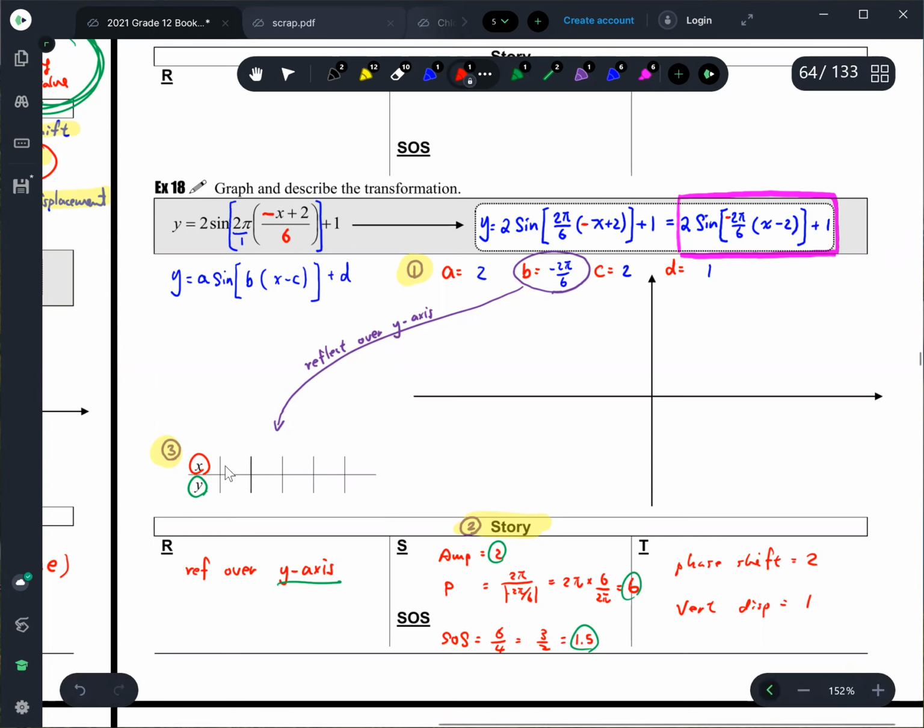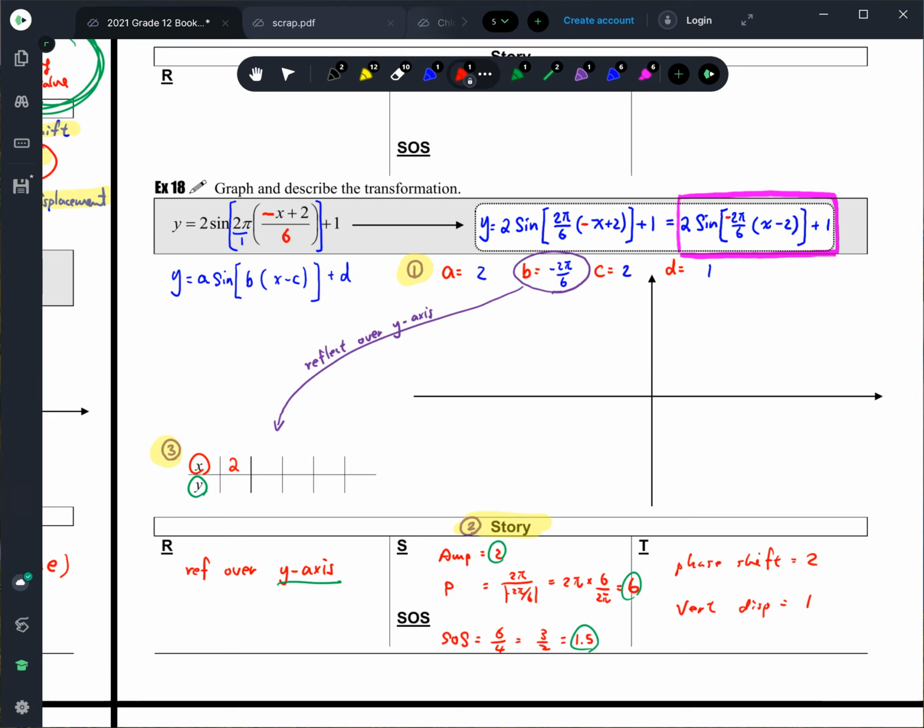Is there anyone who has trouble getting the table values? Okay, Callum, can you tell us how to get the x values? Adding 1.5 from 2. So you start with 2, right? And then after that, you add 1.5. Why do you decide to do adding?